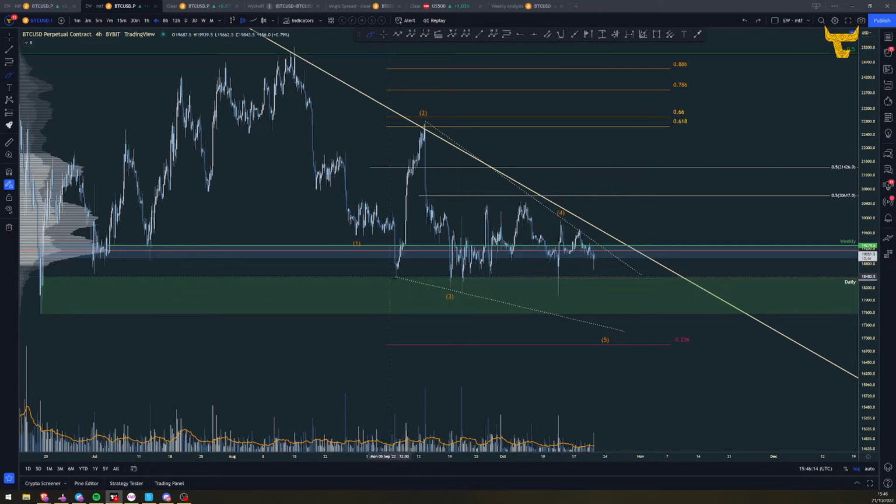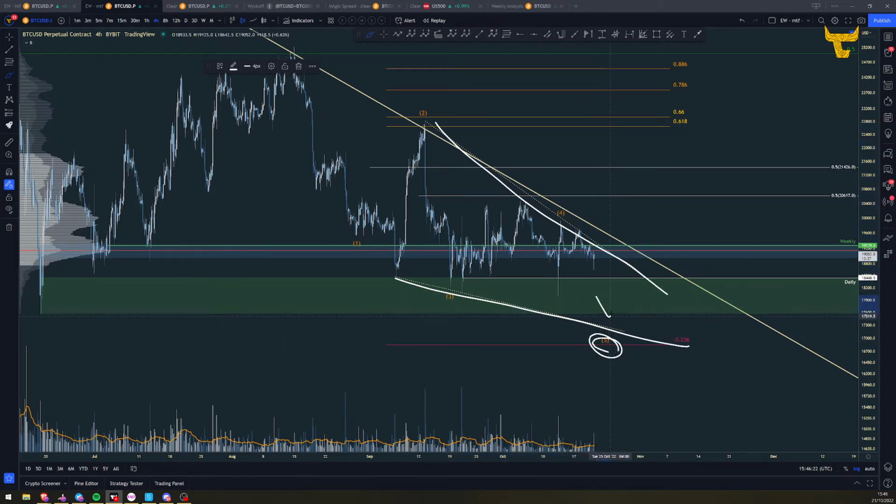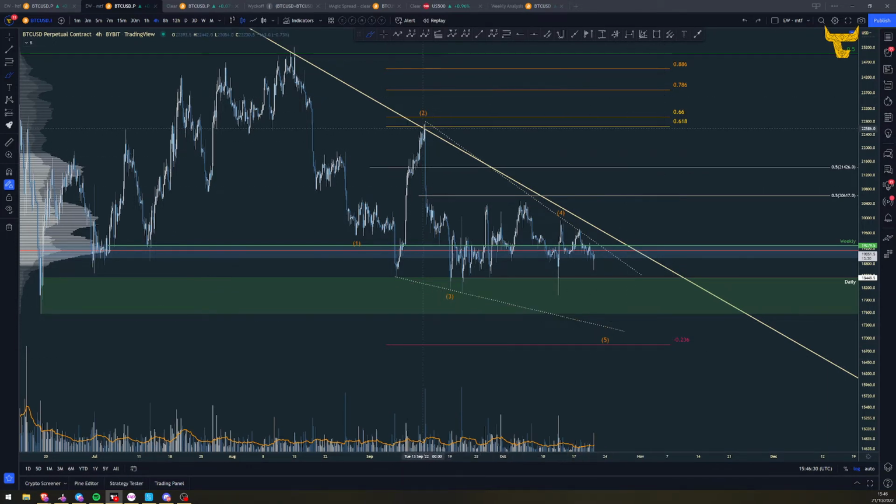And you know, even if it is a contracting diagonal, it is normal for the wave 5, for the 5th wave, to be either front-running the trend line or overthrow it. Knowing that the invalidation for this is for wave 5 to need to be smaller than wave 3 overall.